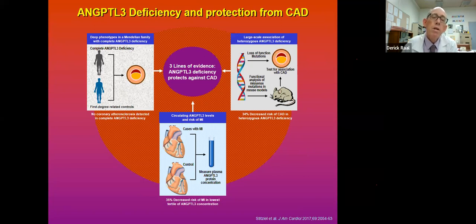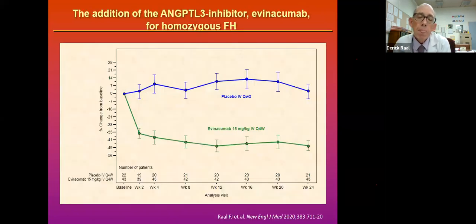And for that reason, drugs that can inhibit ANGPTL3 have been developed. And we were recently involved in a study with an ANGPTL3 inhibitor called evinacumab. It's a monoclonal antibody. It's given by infusion once a month in homozygous patients.